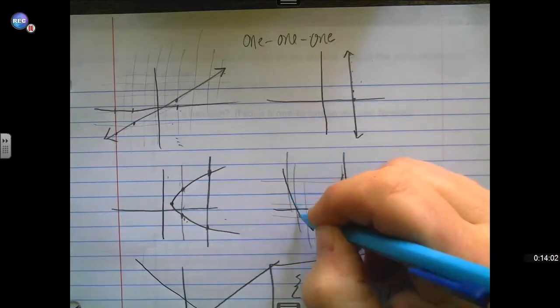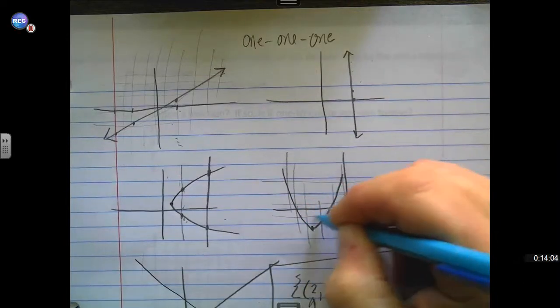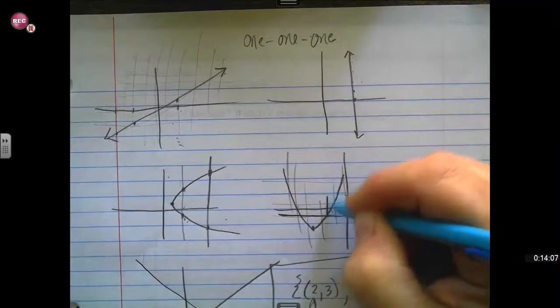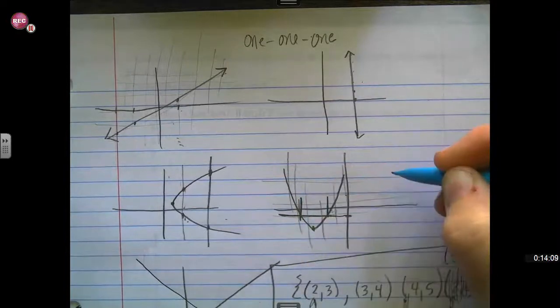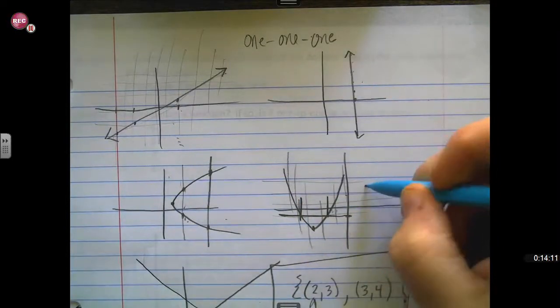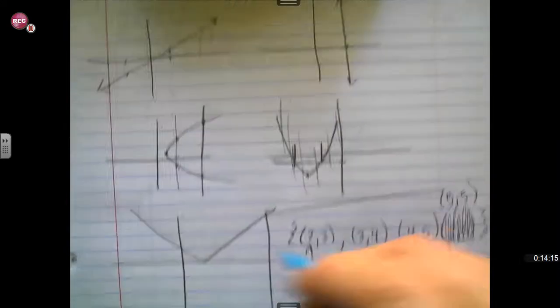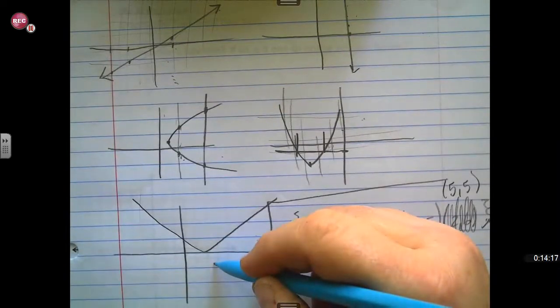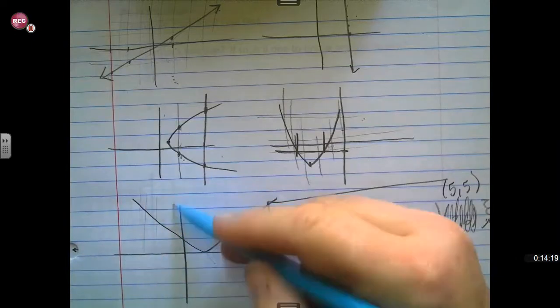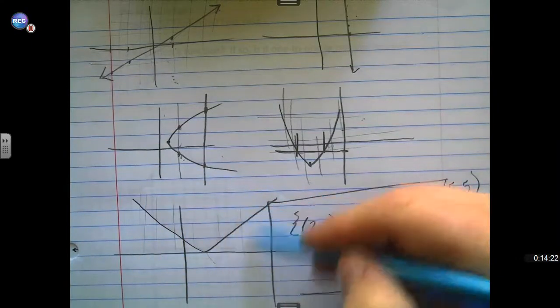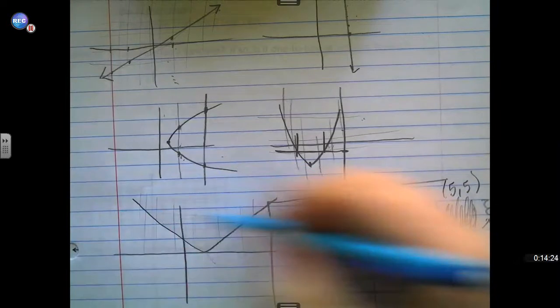This y value, whatever it is, this y value has 2 x values. And so therefore it is a function, but it is not one-to-one. Our absolute value down here, it was a function because it passes the vertical line test, but it's not one-to-one because it doesn't pass the horizontal line test.